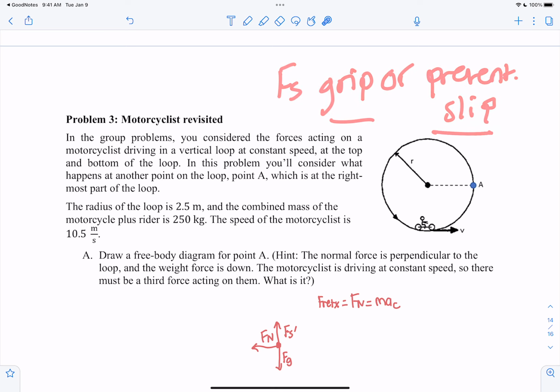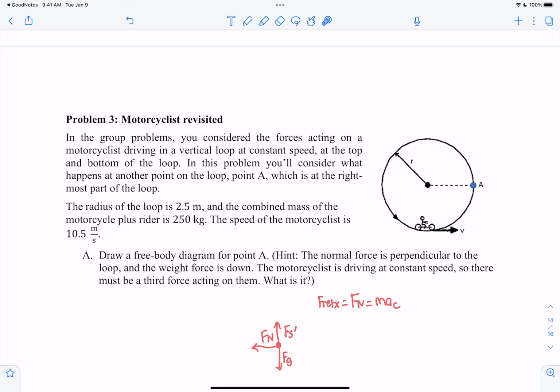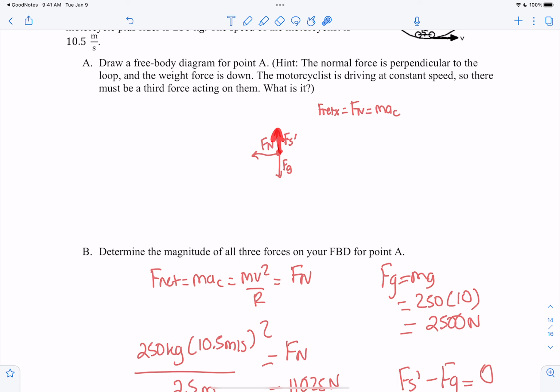Grip or preventing slip. If it's preventing slip and it's greater than whatever forces are acting against it, then fine. There's no net force necessarily, or at least we don't say that the object is moving in a certain direction. We just say that it's not slipping. If it has that grip context, like tires on a road or a bicycle trying to move in a certain direction, then sure. If that force is allowing the object to propel forward, static friction force in this case is as if it was our F pedaling force, or F push force.